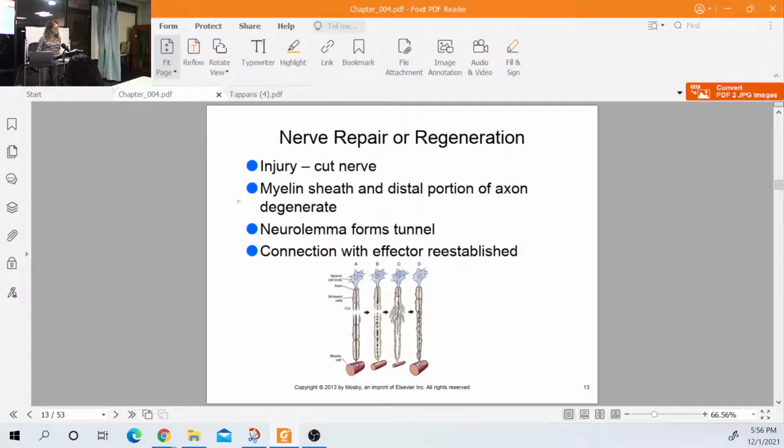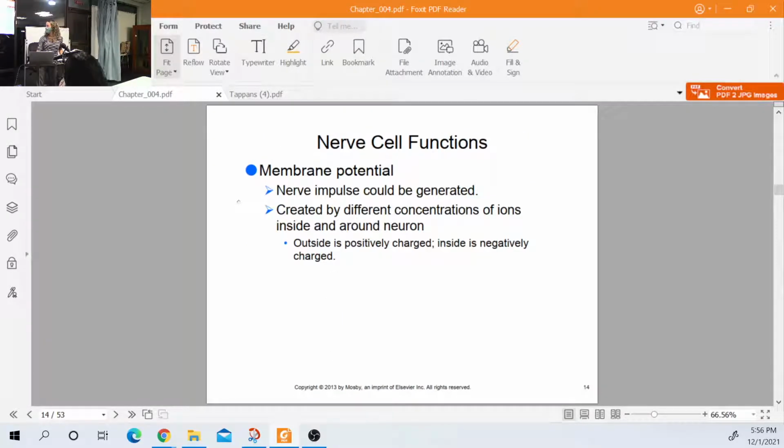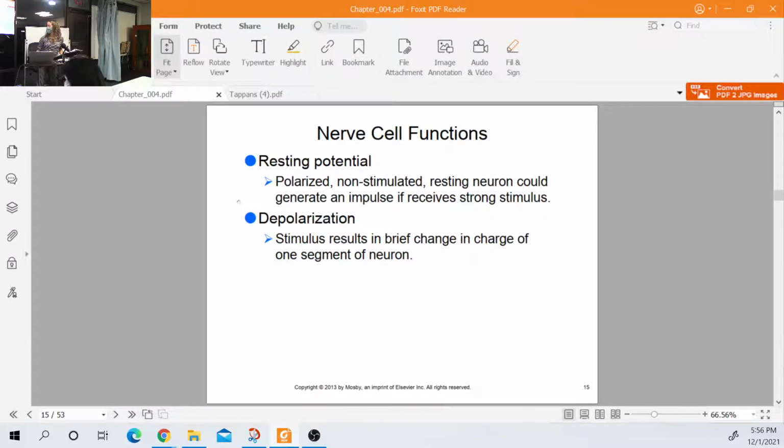Okay, so a little bit more on nerve impulses. Here we go. So resting neuron, polarized, not stimulated, that's resting potential. If it gets stimulated, that change makes it depolarized.